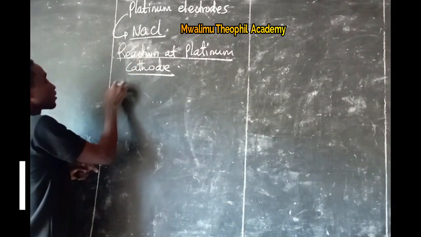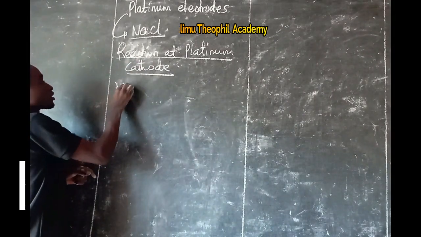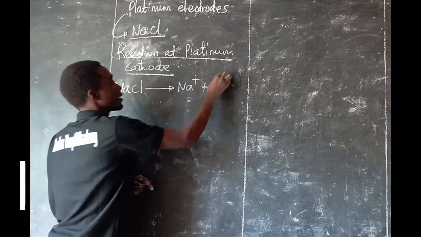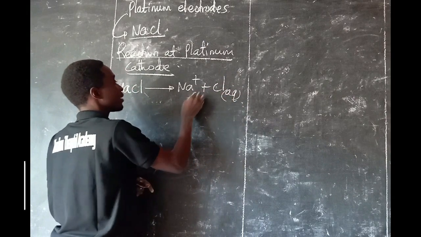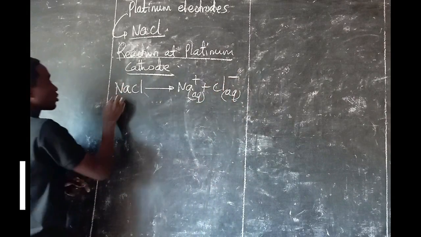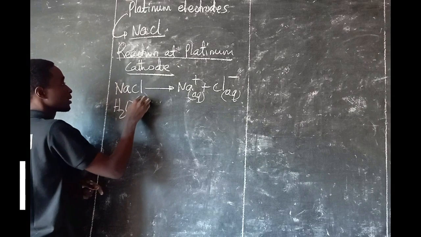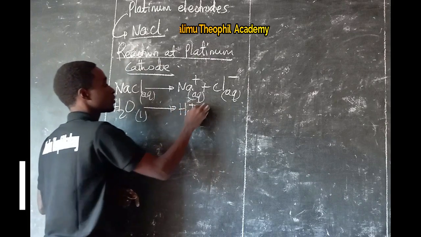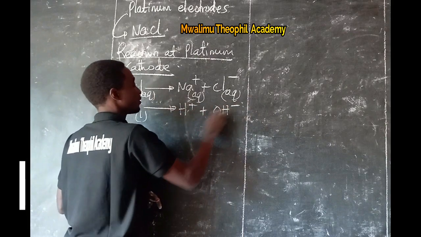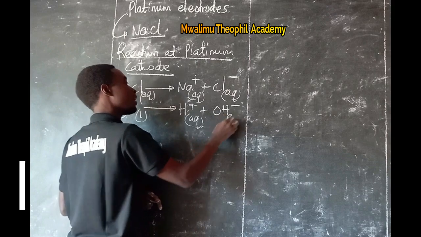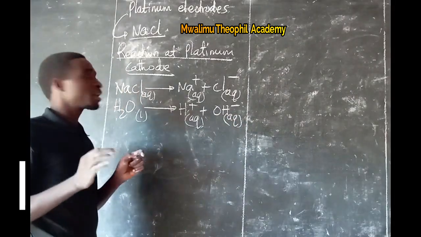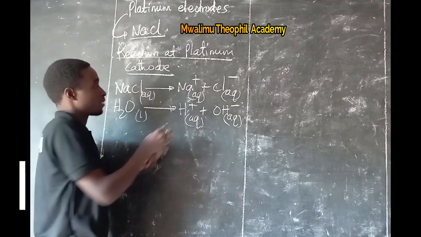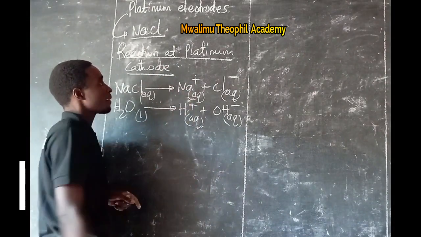We should have the dissociation of sodium chloride to form sodium ion and chloride ion, and also the dissociation of water to form hydrogen proton and hydroxyl ion. So the ions that migrate to the platinum cathode are the positive ions, I mean hydrogen proton and sodium ion.